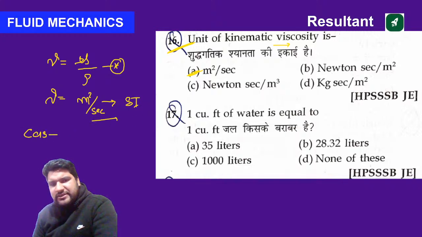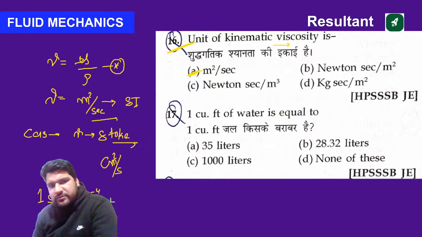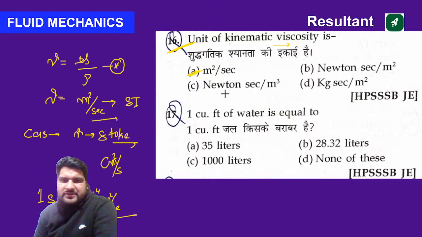In the CGS system, the unit of kinematic viscosity is the Stoke, which can be written as centimeter square per second. And remember, one Stoke is equal to 10 to the power minus 4 meter square per second. So the answer should be A.